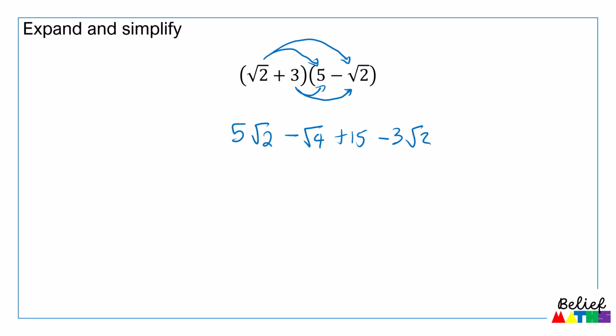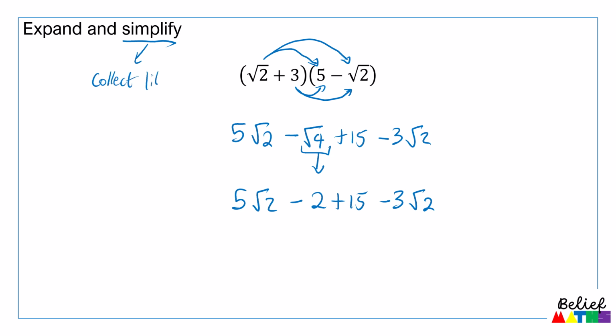Now, this root 4 here can be simplified because we know the square root of 4 is 2. So this is just negative 2 plus 15 minus 3 root 2. And like we said before, when we simplify in algebra, we collect like terms. Here we can collect like surds.